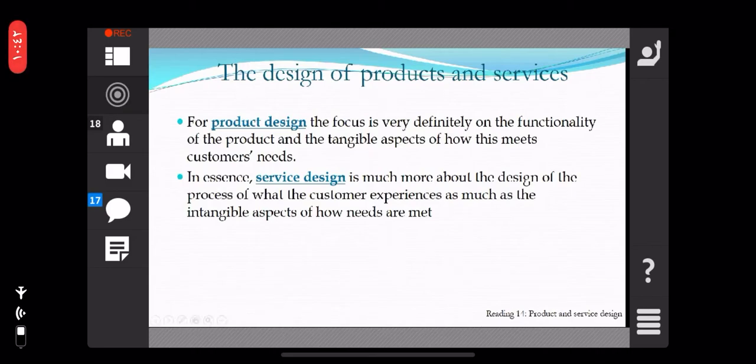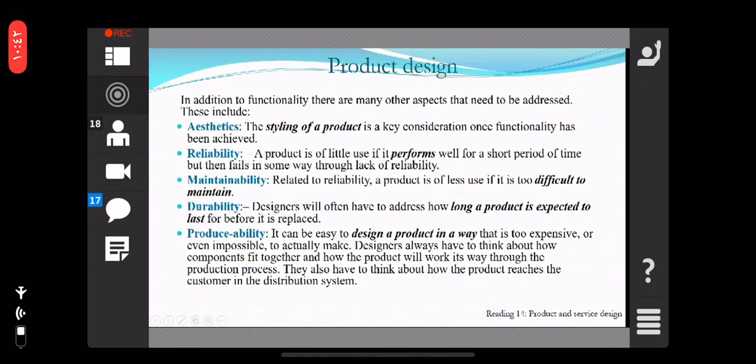Now we will discuss product design and service design. What is product design? In addition to functionality, there are many other aspects that need to be addressed. These include aesthetics, reliability, maintainability, durability, and producibility.